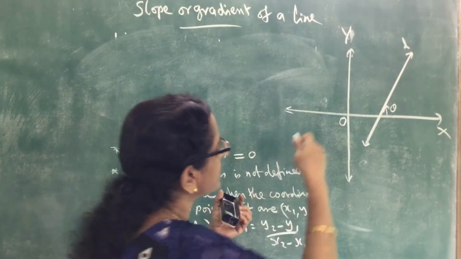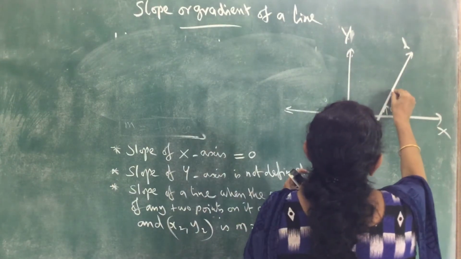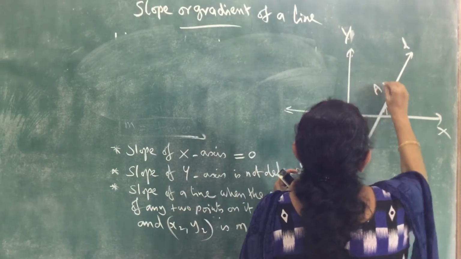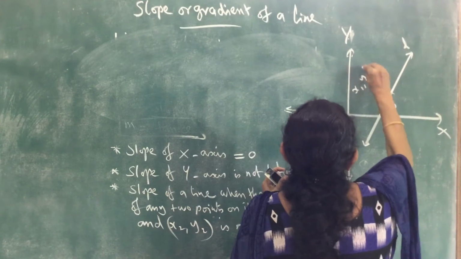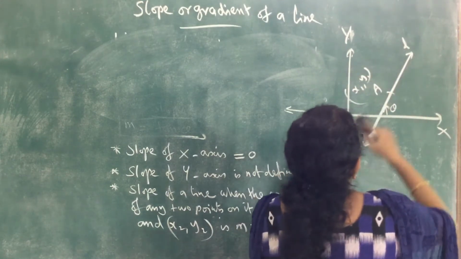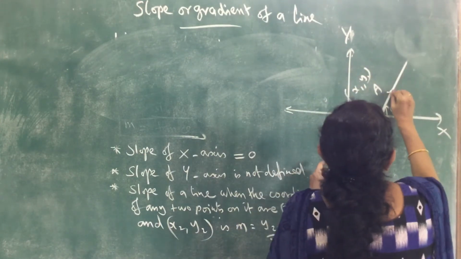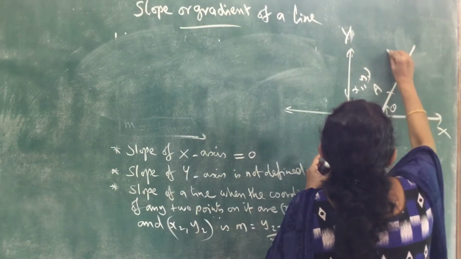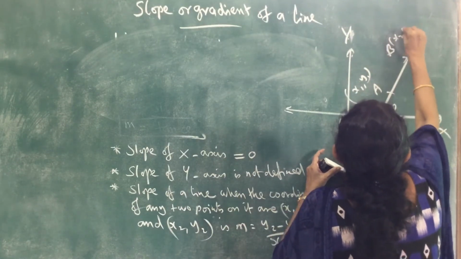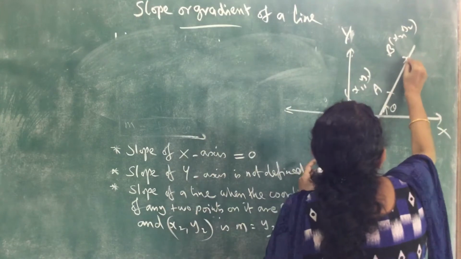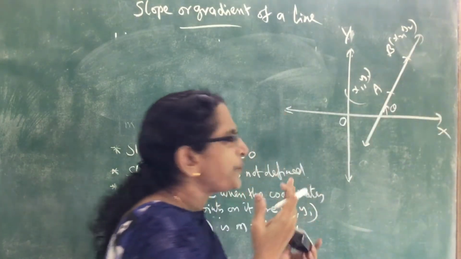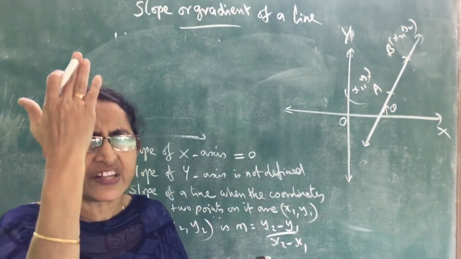Consider any 2 points on this line. Let this be the point A, x1, y1, and this be the point B, x2, y2. Let A and B be any 2 points on the line L.